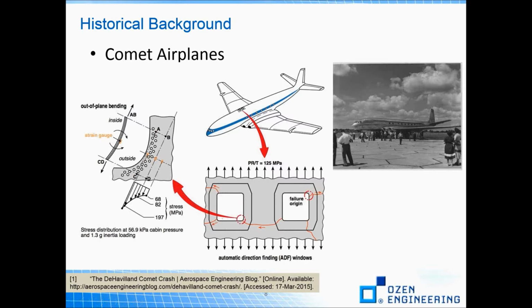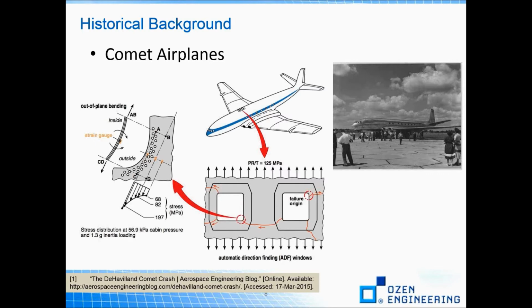Windows are no longer designed square, but with round edges to reduce any stress concentration. And also, crack stoppers are now placed between frame cutouts by breaking the fuselage into multiple sections.